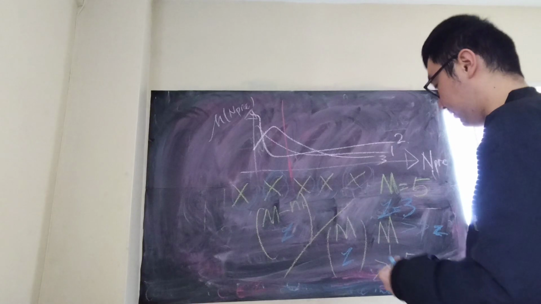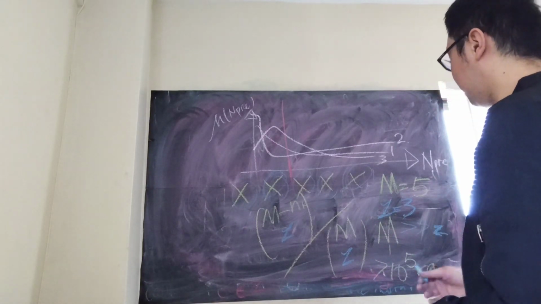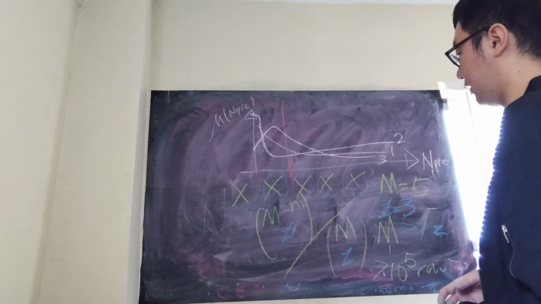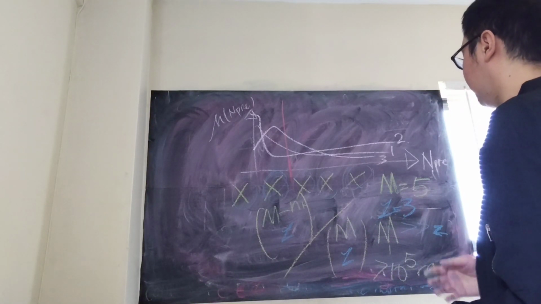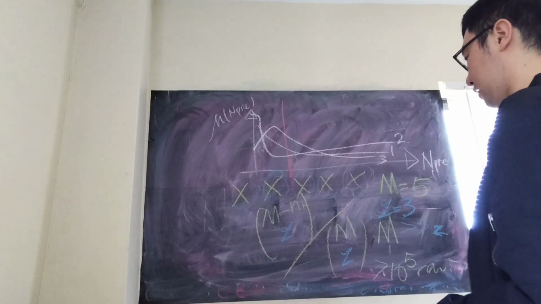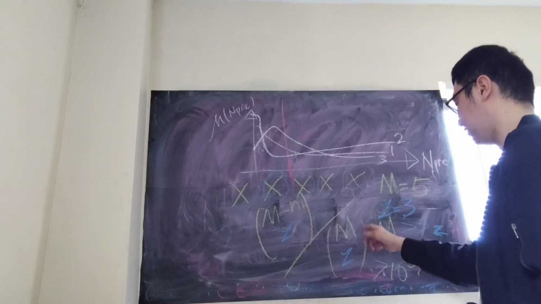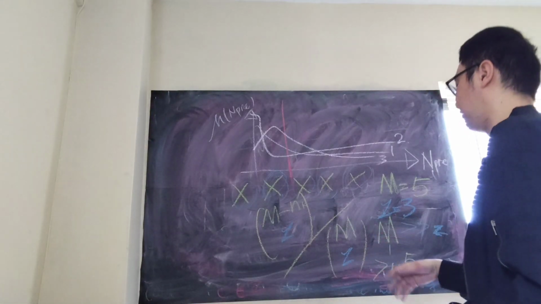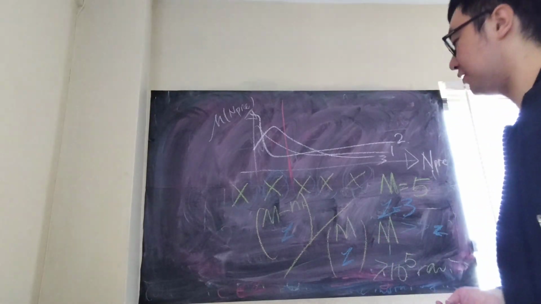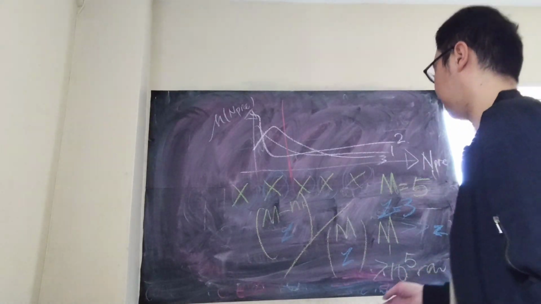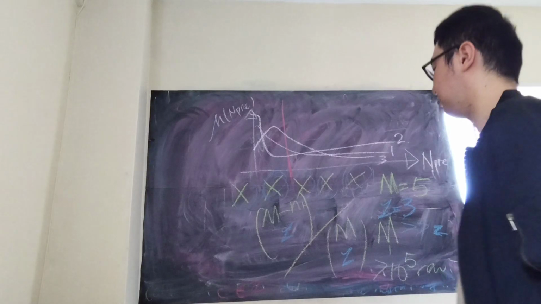M is much greater than Z, and it turns out that this is both combinatorically and algebraically kind of not proven but formulated: if M is much greater than Z, then sampling without replacement is close to sampling with replacement.